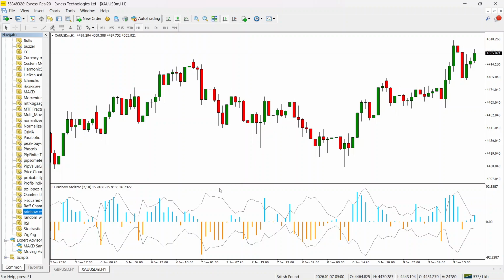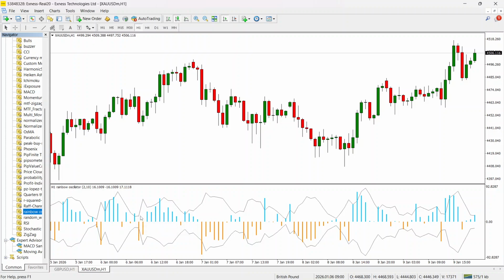On the MT4 chart, the Rainbow Oscillator appears in a separate window below the main price chart, displaying multiple moving average lines in different colors stacked like bands. When the oscillator is above the zero line and the faster moving averages are positioned above the slower ones, it signals bullish momentum.